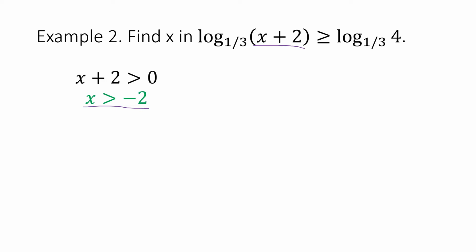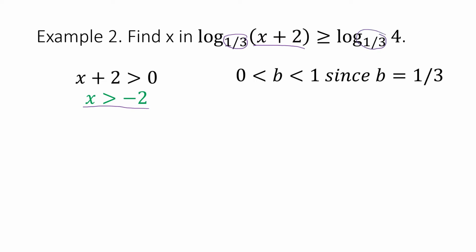Next, another thing that we should consider in solving for this logarithmic inequality is the property of logarithmic inequality, which is based on the value of b. Since b is 1/3, which is between 0 and 1, then the inequality symbol will be reversed when we consider their anti-logarithms.